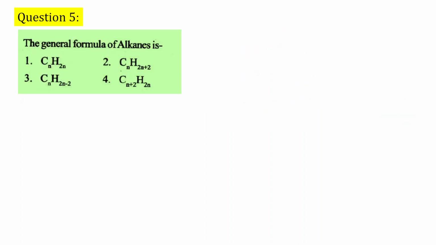My bad. Question 5. The general formula of alkane. Just now we have seen that alkanes can be represented as methane, ethane, and then propane. The 3 carbon compound is propane. Keep increasing one CH2 in between the 2 CH3 groups at the terminal.